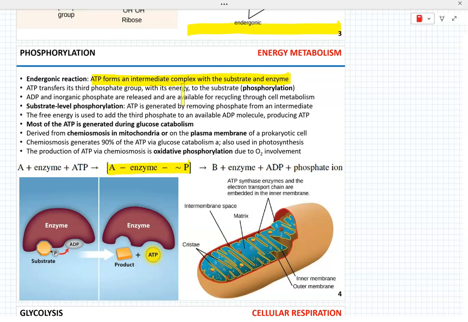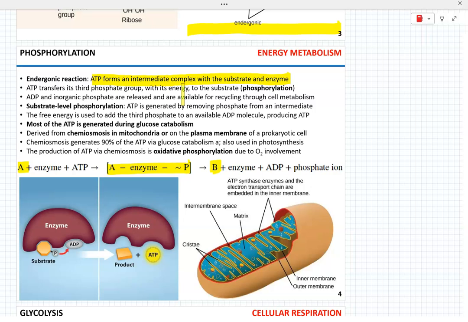In the meantime, the substrate is converted into a product due to the energy that was released via the temporary phosphorylation of the substrate by the means of ATP dephosphorylation.